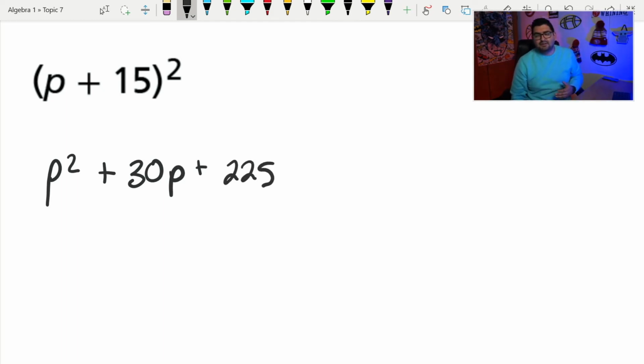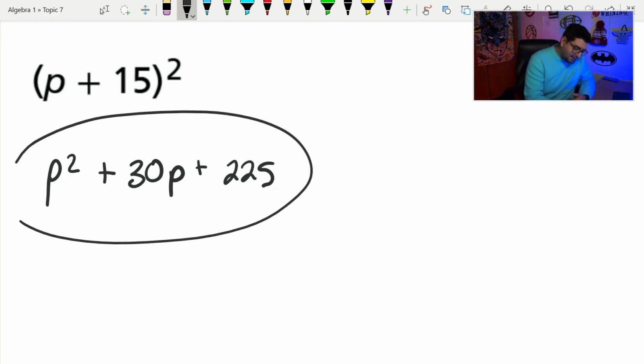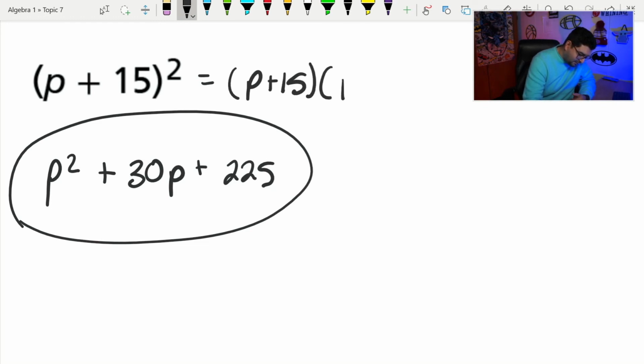And this, compared to the amount of work I did the very first time using the distributive property, or the FOIL method, or even the box method, is much faster if you're able to realize that this is a special case because we end up with the sum of squares. And remember, this is just another way to write p plus 15 times p plus 15.